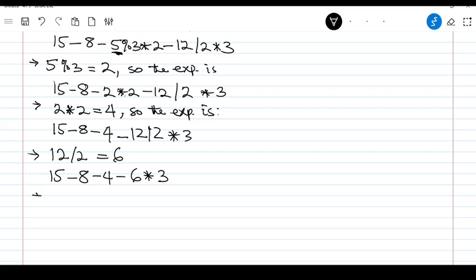So 6 times 3 is giving us 18, right? So we now plug that into the expression and this is now going to be 15 minus 8 minus 4 minus 18.